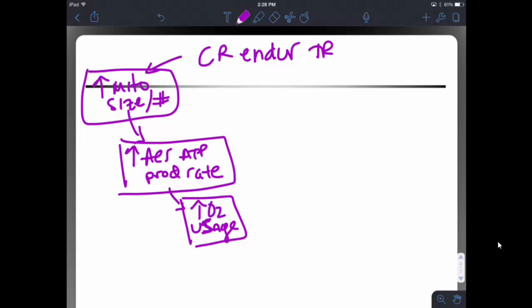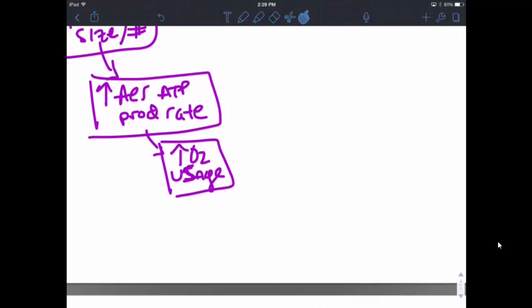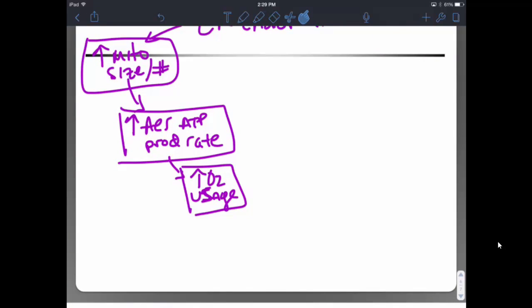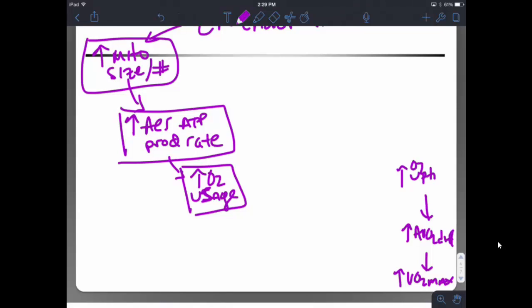So here's the top. The bottom, okay, what we have down here is where we're trying to connect VO2max, AVO2 difference, and oxygen uptake rate.